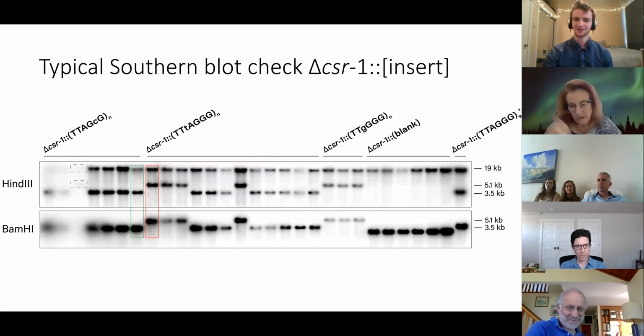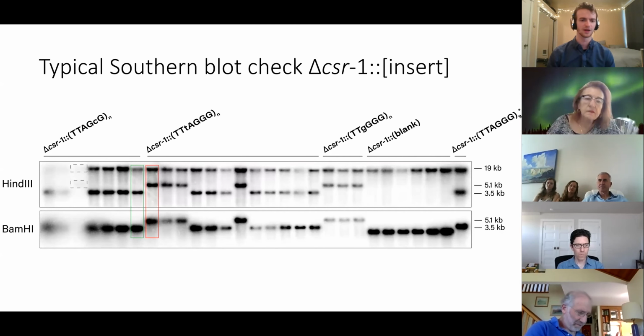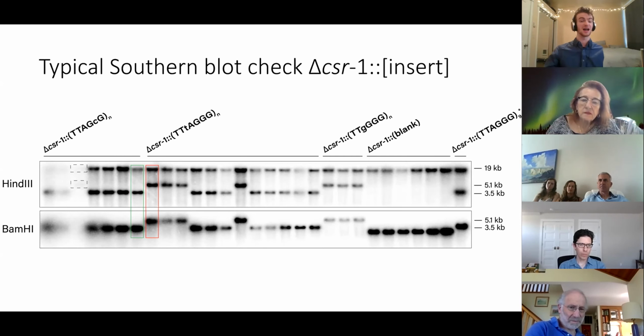So this is a similar screening to what I did before with inserts into my plasmid, but a little bit more complex, because obviously we're not just dealing with a small plasmid right now, we're dealing with an entire genome of Neurospora. So this Southern blot, or Southern hybridization, allows me to just check a certain region of DNA for inserts.